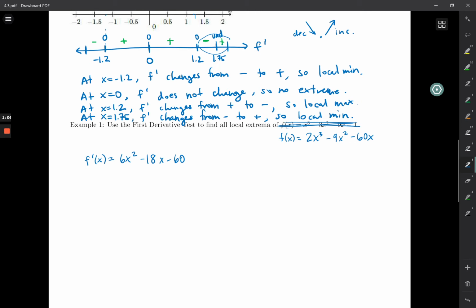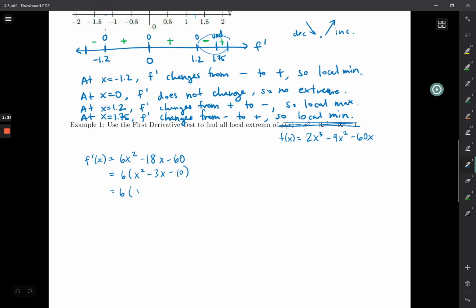And then we want to factor this, so remember we're trying to find the critical numbers of this function, and then we will go ahead and create our sign chart and then find the local extrema. So we can factor 6 out of this, and we will be left with x squared minus 3x minus 10, and then we can go ahead and factor this again.